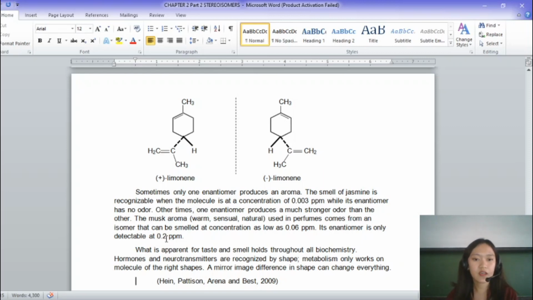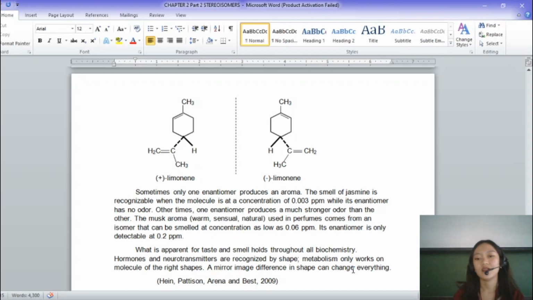What is apparent for taste and smell holds throughout all biochemistry. Hormones and neurotransmitters are recognized by shape. Metabolism only works on molecules of the right shapes. A mirror image difference in shape can change everything.